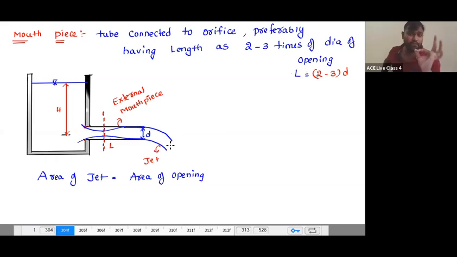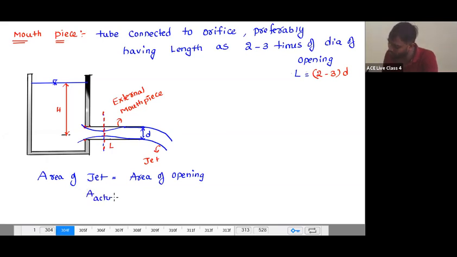The biggest difference between the orifice and mouthpiece is that in an orifice, the flow will contract and then the jet falls with that area. But in the case of the mouthpiece, the flow emerging out from the orifice has the support of the mouthpiece, so the area of the jet is nothing but the area of the opening.